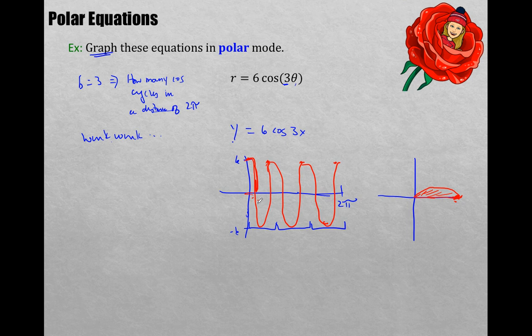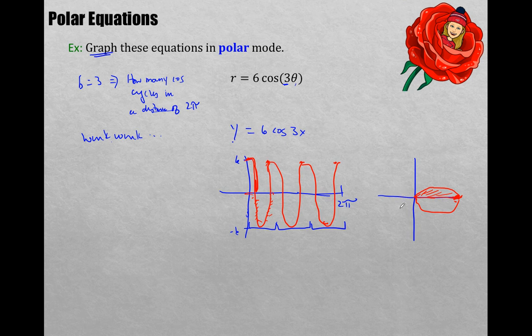Then look what happens as you start to go around more. You go negative. And then you come back to 0. So rotate in polars, rotate theta, and then your radius gets bigger and bigger until you get back to 0. Then you go positive.